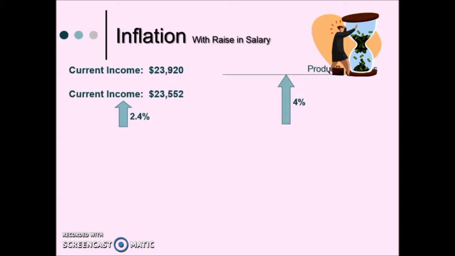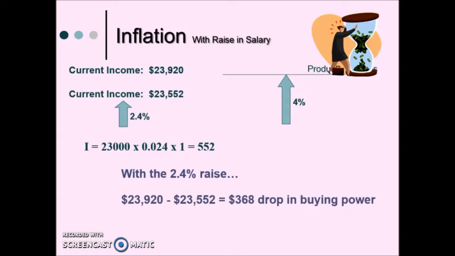Well, it's not what you need to keep up with inflation, but at least you're not as far behind, and that $23,552 comes from taking the beginning salary at $23,000 times the wage increase of 2.4% expressed as a decimal for a year, which is $552. So if someone received a 2.4% raise, it's better than no raise, but it's still not keeping up with the inflation rate for that year.